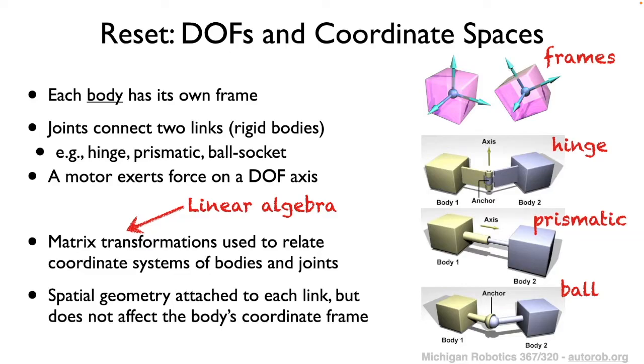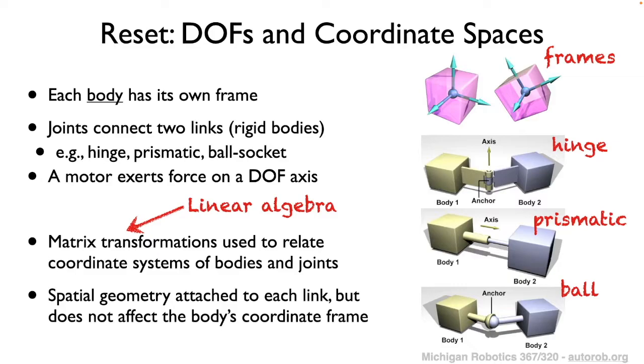But ultimately, what we're going to have to do to model these systems is know how to relate these rigid body links as they're dynamically moving with respect to one another, as caused by the motors controlling the degrees of freedom, or the joints.